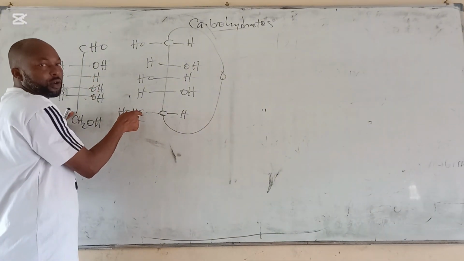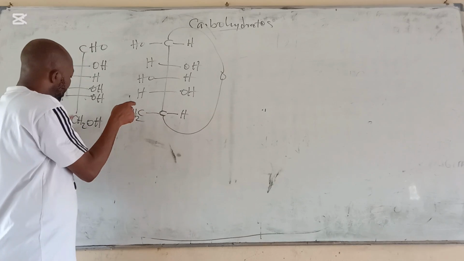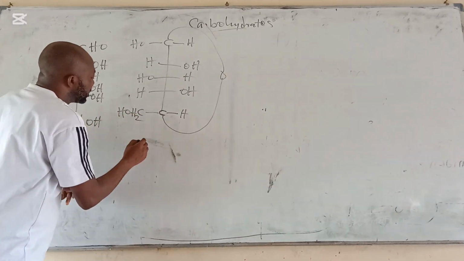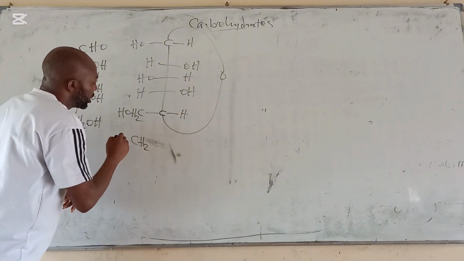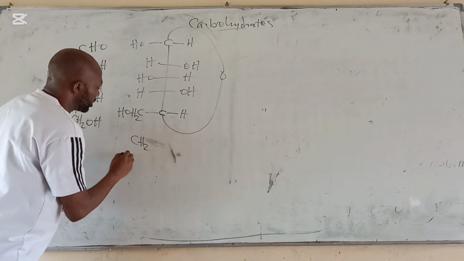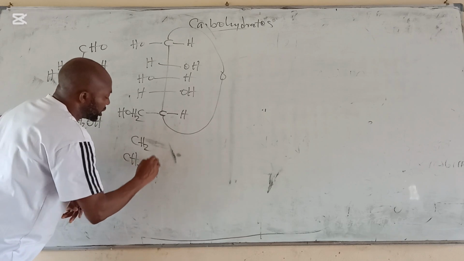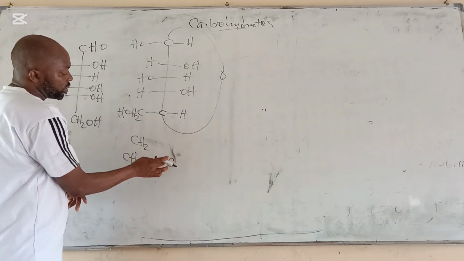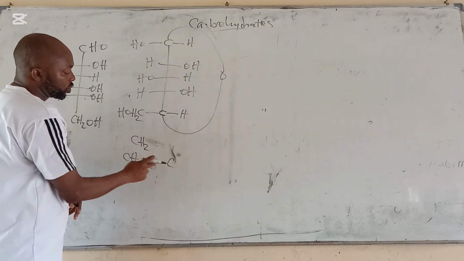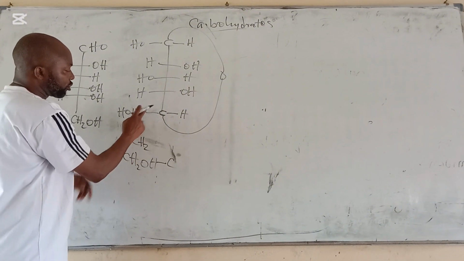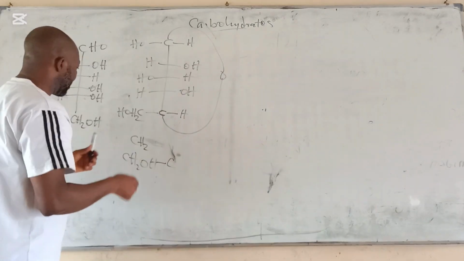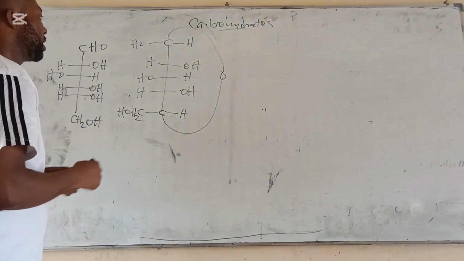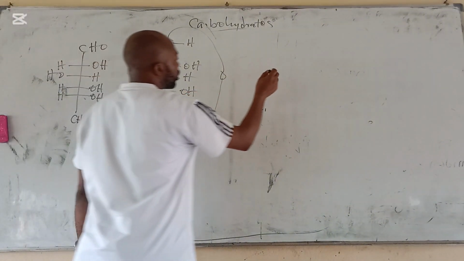So the C will still come first. It cannot be bonded to the hydrogen, so maybe I'll write H2C. No, if you do that, it's wrong. This carbon is supposed to be bonded to a carbon atom, not to the hydrogen atom. So that's why I have to turn it this way. I guess you understand that. So now, if that is the case, let's see what we get. Now I want to form my ring structure.